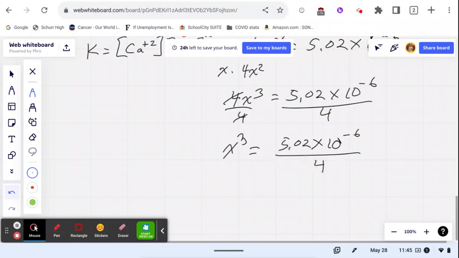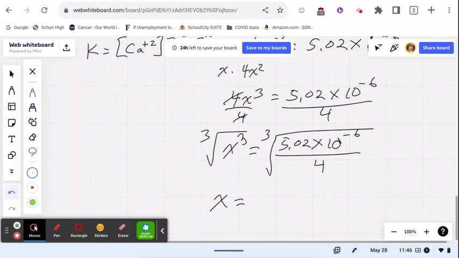Now to get X by itself, what you've got to do is take a cube root. Whatever the exponent is, take that root. If it's to the 5th power, then you take the 5th root. You'll be able to find a calculator that does that. So X is going to be equal to 5.02 times 10 to the minus 6 divided by 4, then take the cube root of the whole thing.